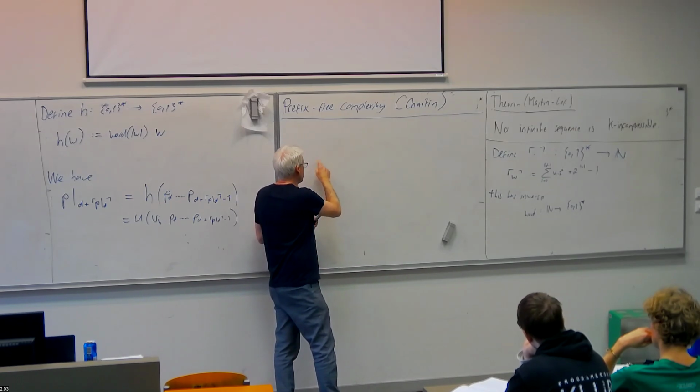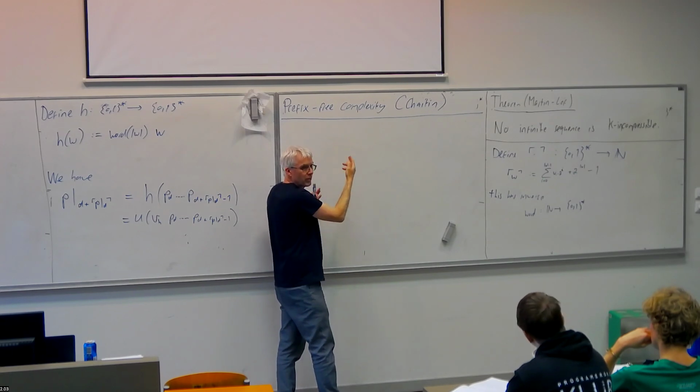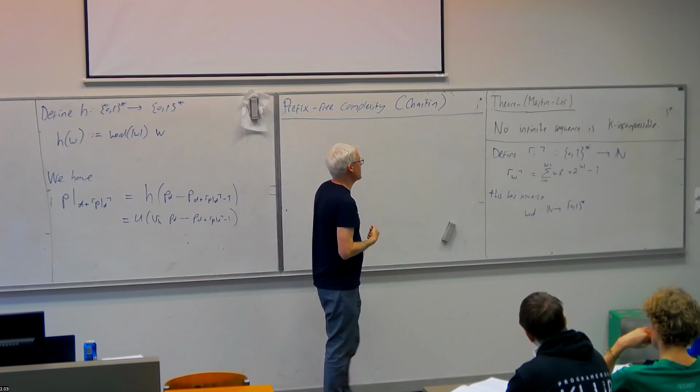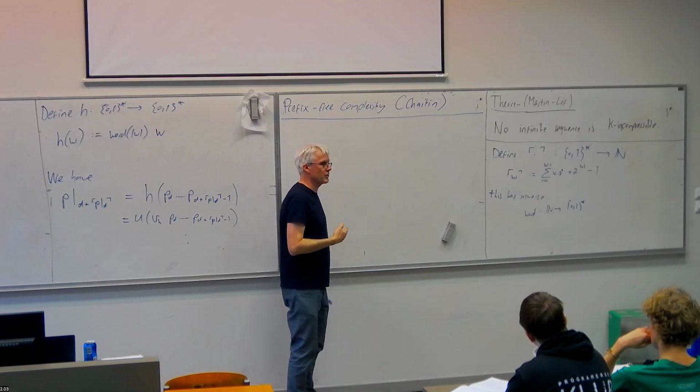You can imagine the bits of the input being given one by one, and only at a certain point you'll get the full input, at which point the computable function will detect that that's the full input and will then give you the result. And one way of saying that mathematically is we want the domain of the computable partial function to be what's called prefix-free.